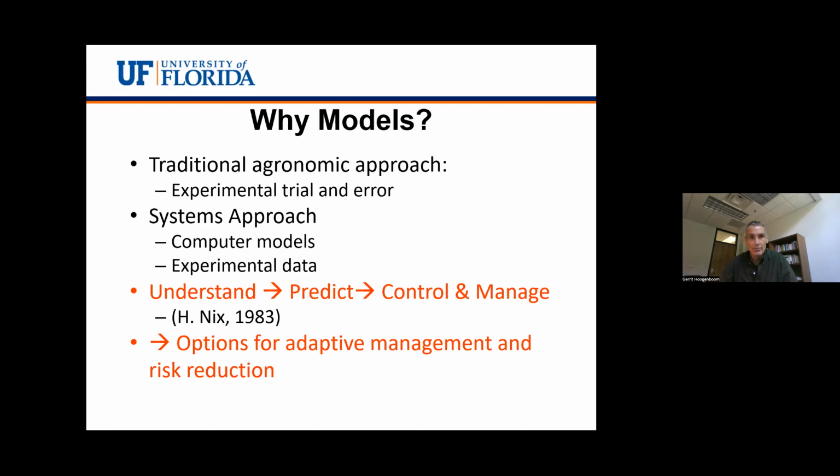And then when we work with our stakeholders, we really want to look at what we call control and manage. We want to provide our stakeholders, our farmers, with options, and they then ultimately will make a decision which of these options they want to apply in their future agriculture management practices. We sometimes refer to this as options for adaptive management and risk reduction.